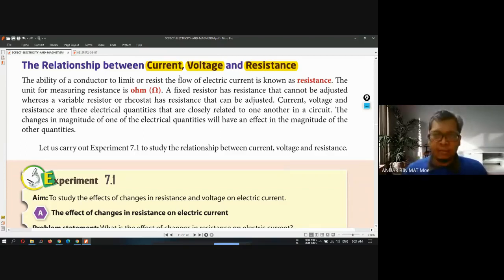What I mean here is what happens between, for example, current and voltage. I give you just one example first.